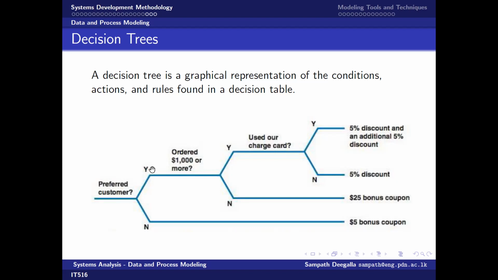If the answer to 1,000 or more is no, but they used the card, then $25. But if they have not ordered 1,000 or more and have not used our charge card, then it is the $5 bonus coupon.